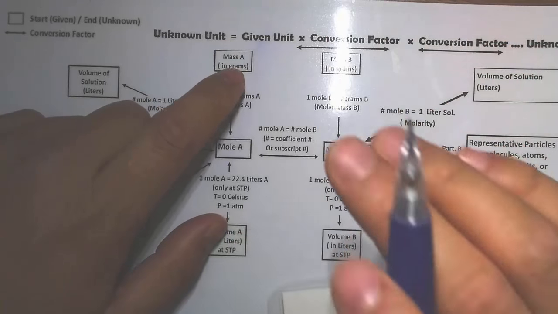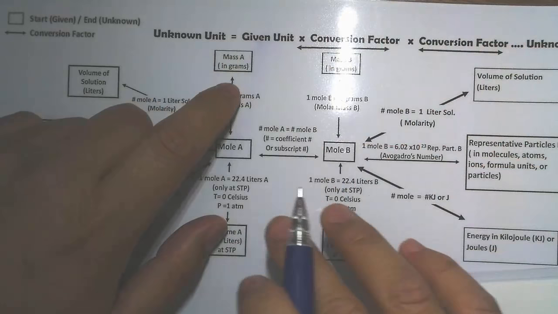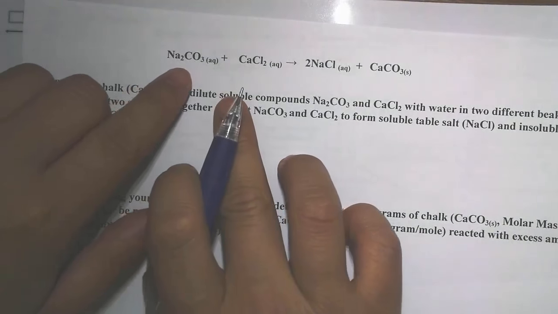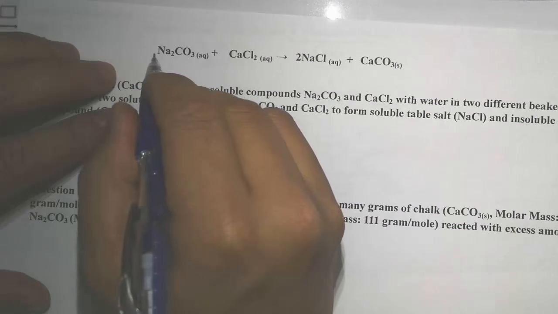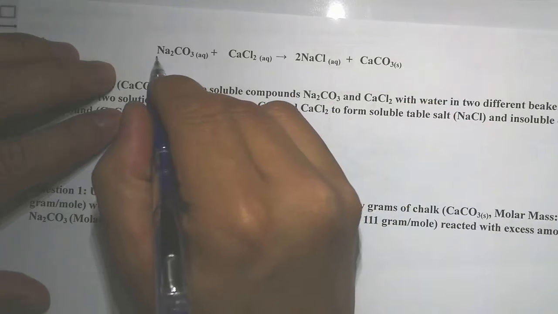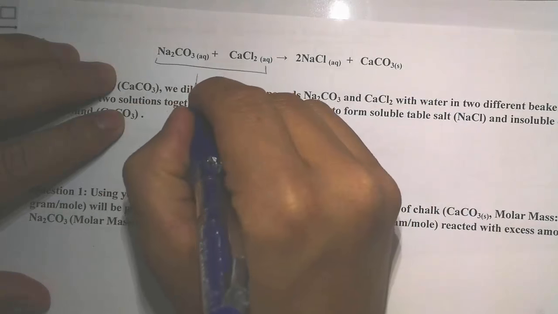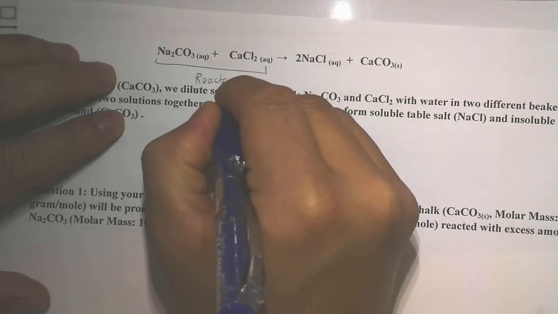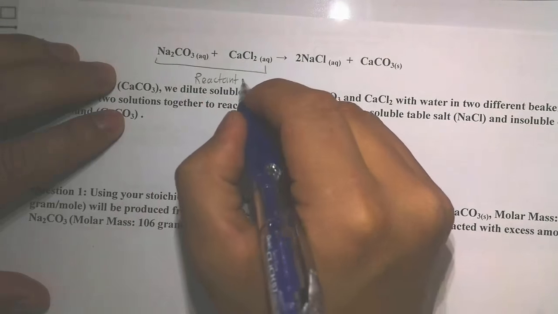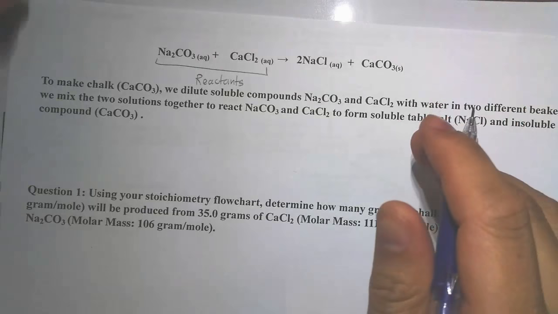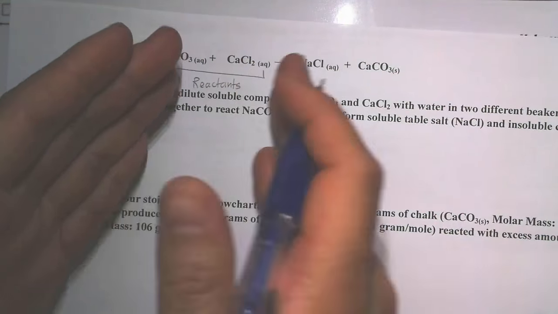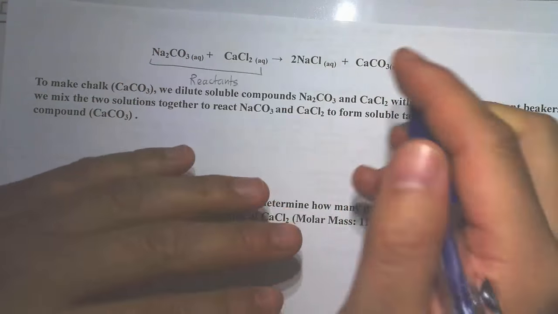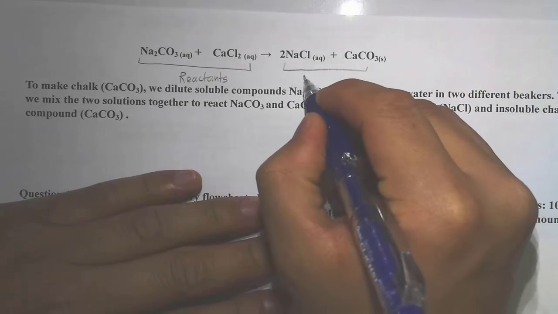But now you have learned how to use a chemical equation that describes a process where we have reactants make products. Reactants are the raw materials that we start with in our chemical reaction, and we mix them together to make our products, which will be completely different chemicals.